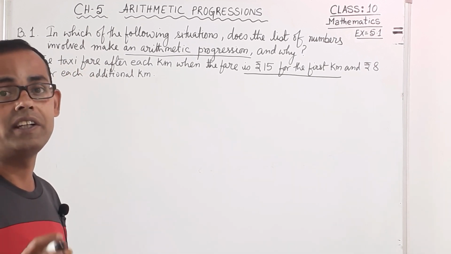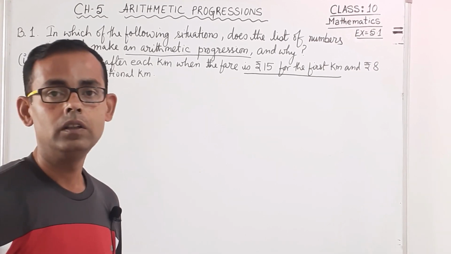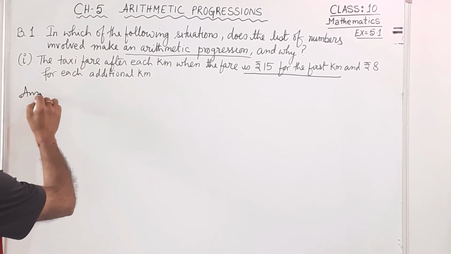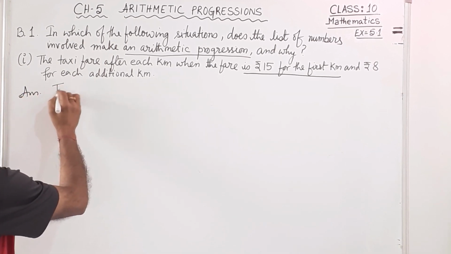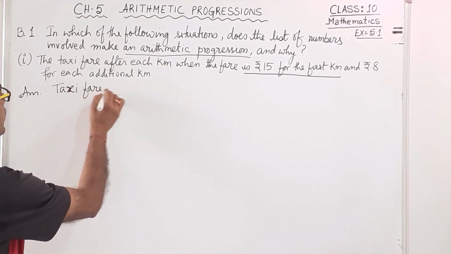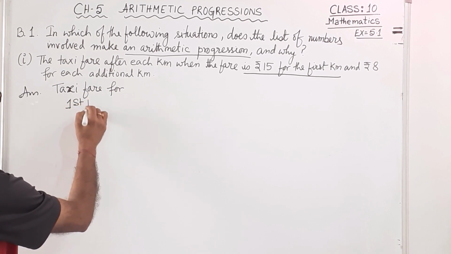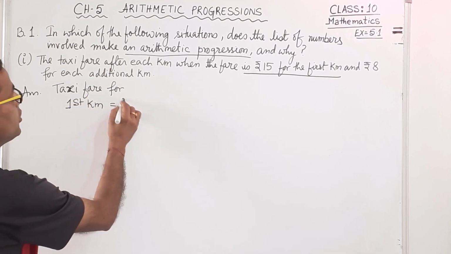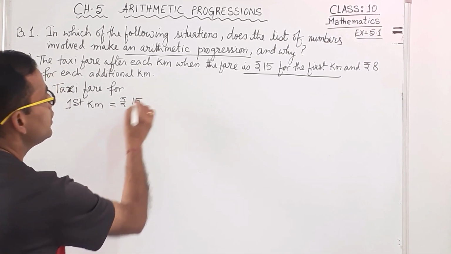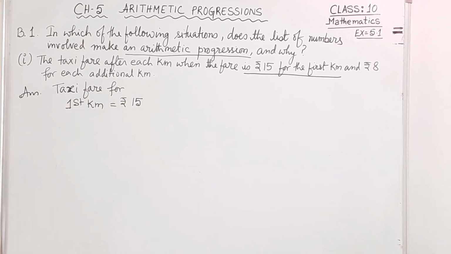Now we will see whether it is an AP or not an AP. Now how we will start? We will write the answer. Taxi fare for first kilometer. For first kilometer it is told only rupees 15, and rupees 8 for each additional kilometer.